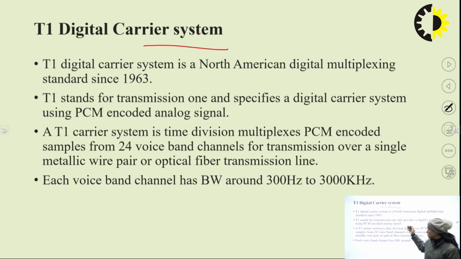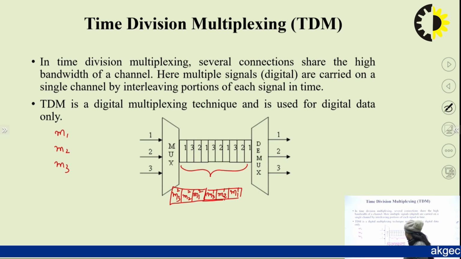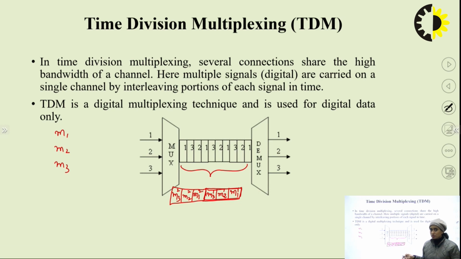So, in order to understand this, we need to understand the concept of TDM in a little more detail. Like I have explained here how my frame structure is formed, how these samples are taken and how they are forwarded. For understanding this, we need a system that will be perfectly synchronized, isn't it?